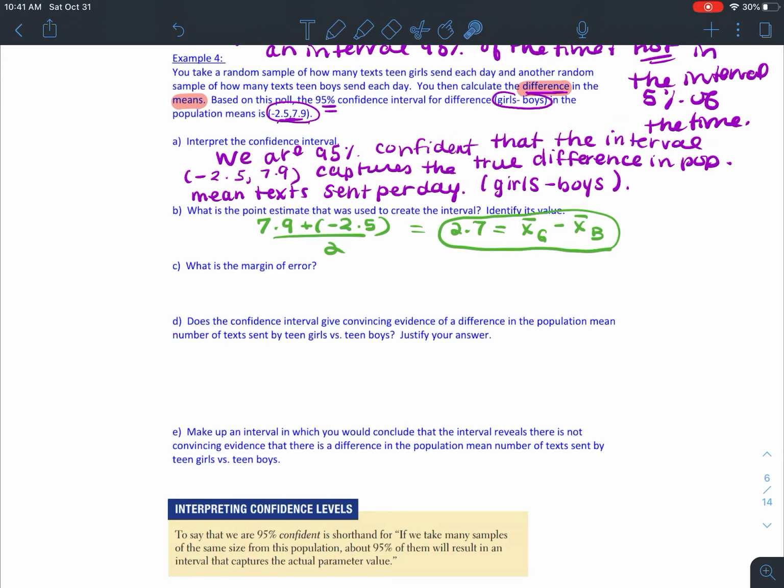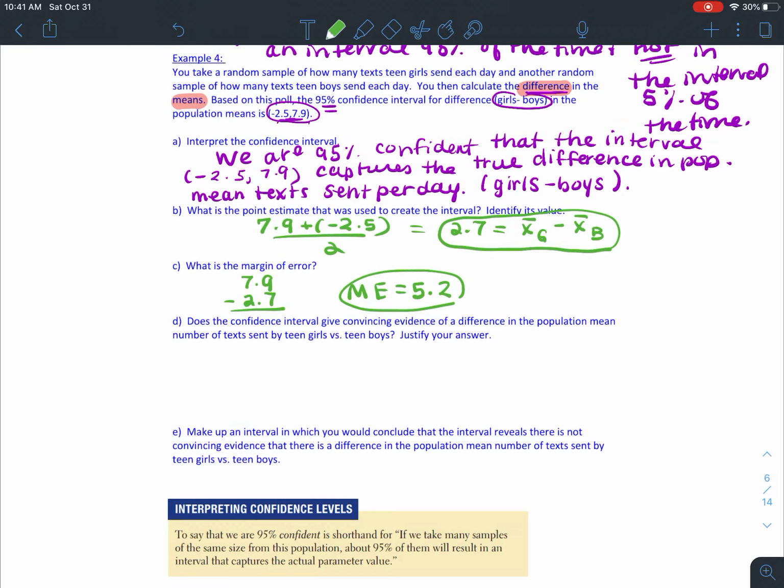So I'm going to label that x bar sub g minus x bar sub b. Okay, the question next is, what is the margin of error? So you can take one of the endpoints of your interval, subtract the center, the point estimate from it, and that difference would give you the margin of error, 5.2.